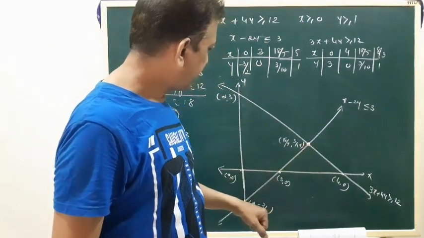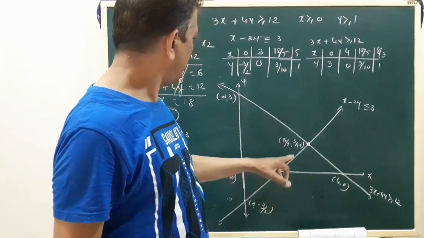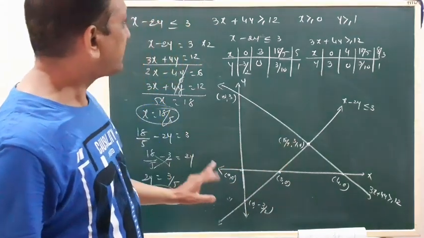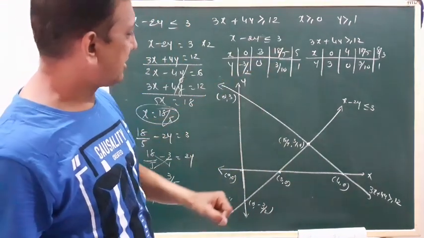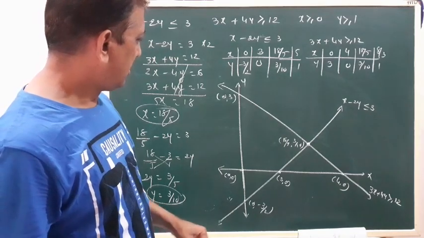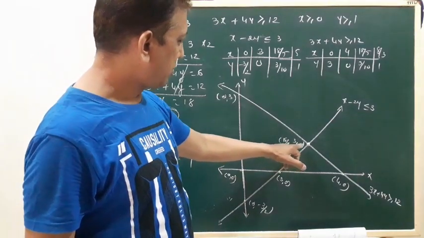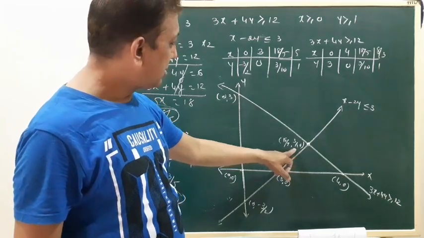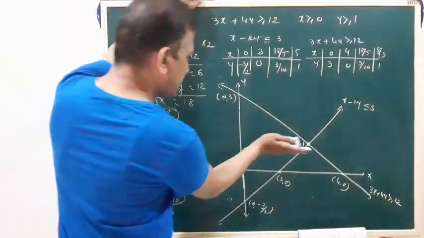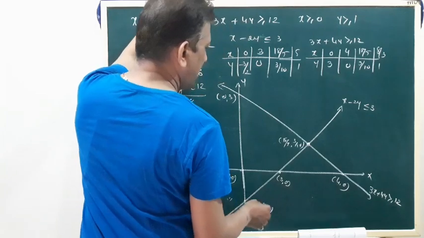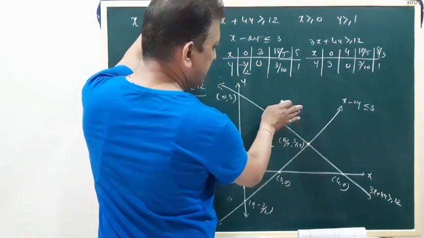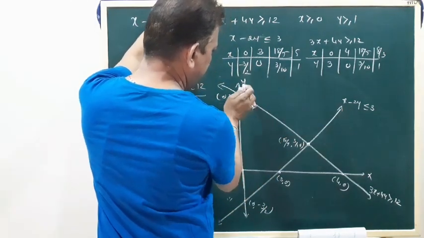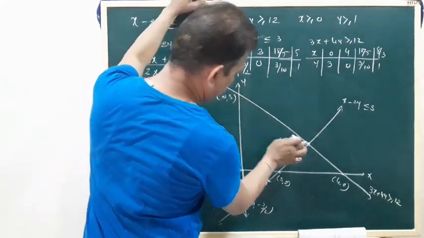And 3 by 10 is 0.3. Now the third line is y greater than or equal to 1. The y coordinate of the intersection point of these two lines is 3 by 10, 0.3, so you can draw above this intersection point. This intersection portion of the two lines is this.